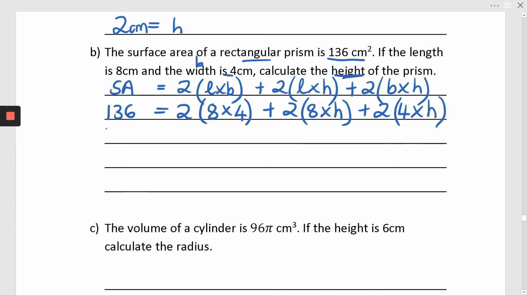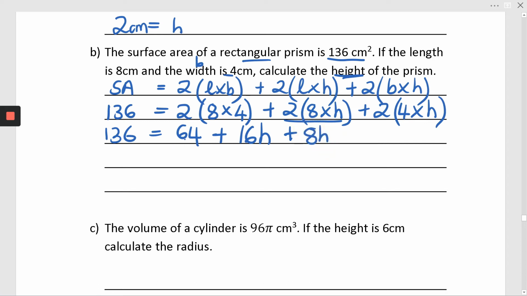Right, let's tidy this all up. 2 times 8 times 4 is going to give me 64. And here, remember, I'm multiplying, so don't worry about distributing. 2 times 8 times h is going to give me 16h. 2 times 4 times h is going to give me 8h.